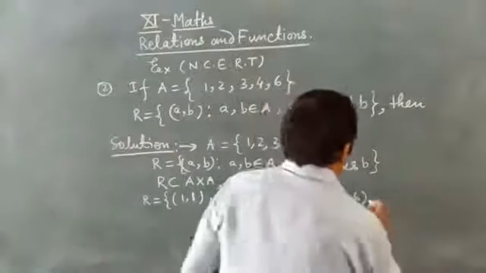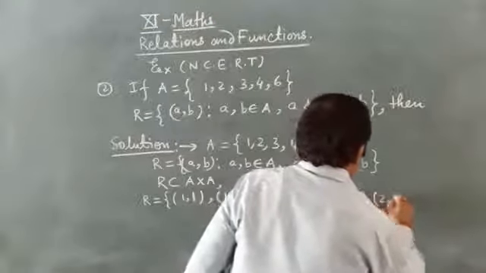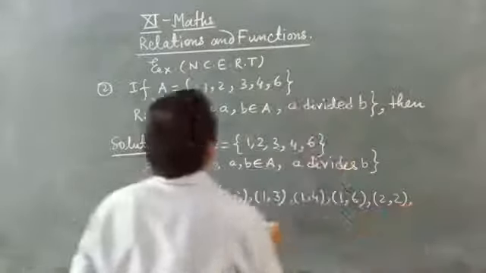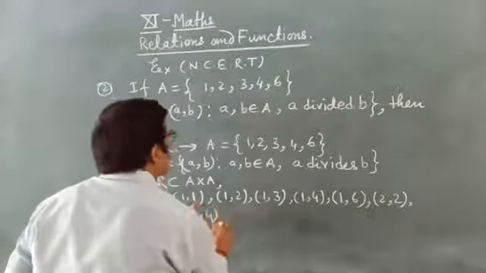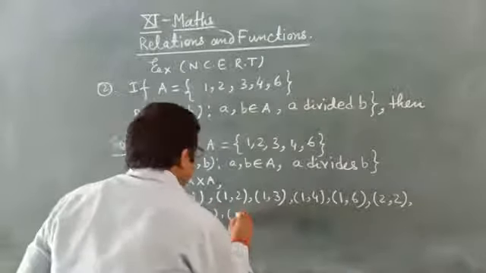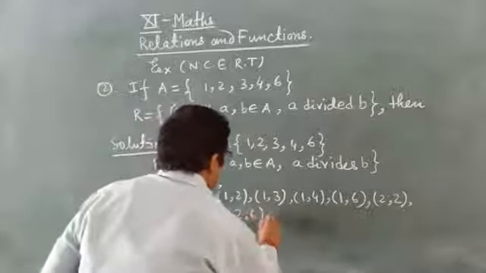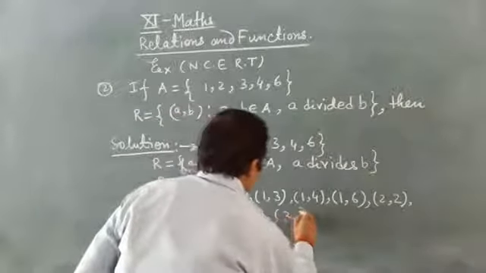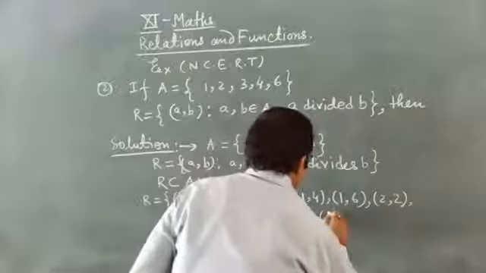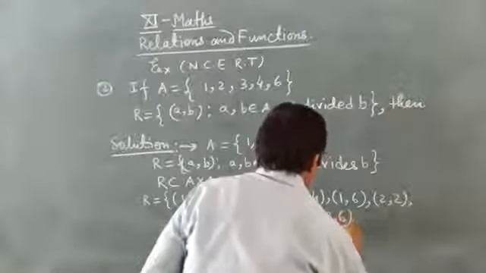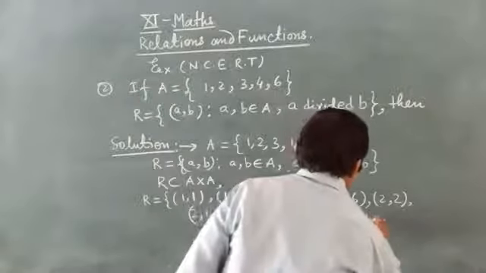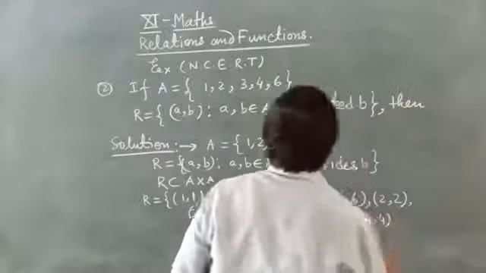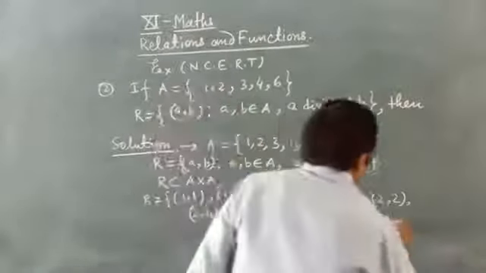Now 2 2, 2 4 and 2 6. Now next 3 3, 3 6. Now next element 4 4, 4 6 not possible. 6 6.